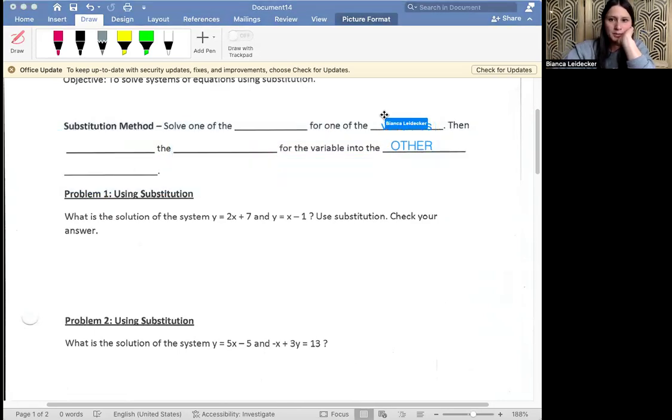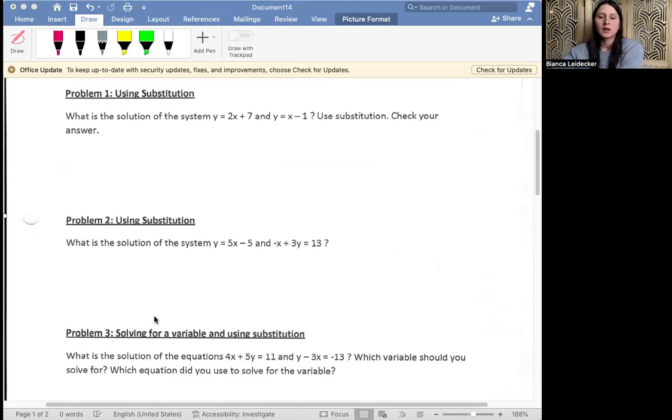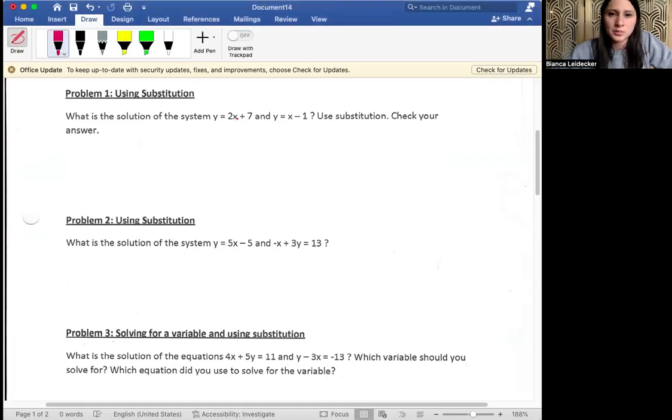So now we're going to put this into practice. If we have two equations, I'm going to replace y with what one of the equations equals.